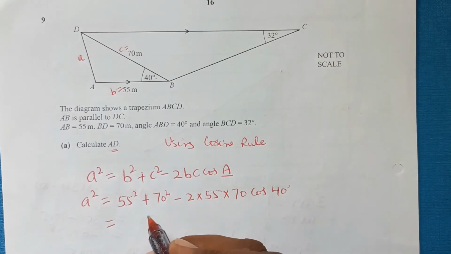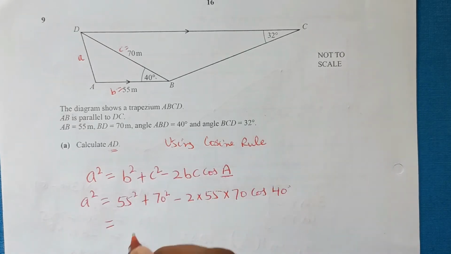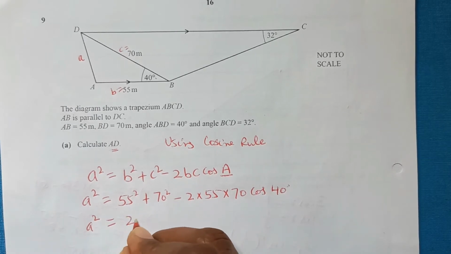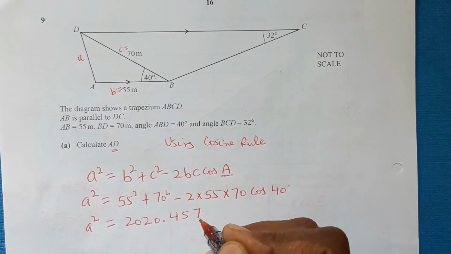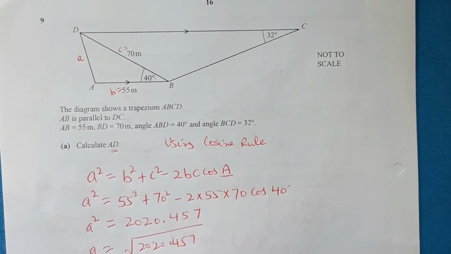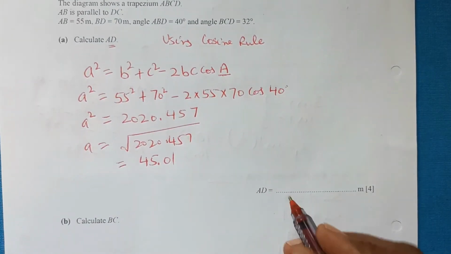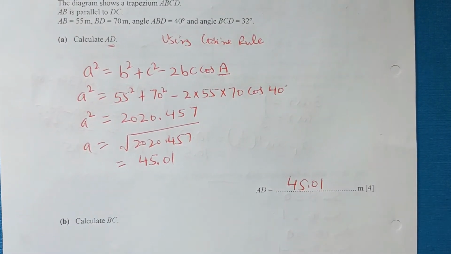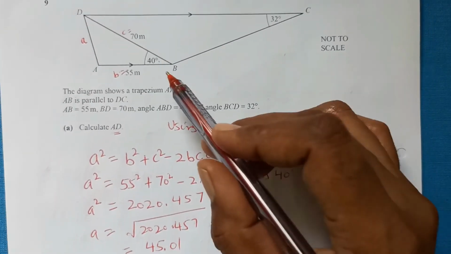I have made a mistake in calculating. Actually it's coming like A squared is 2026.457. So this is A squared, and A will be the square root of all this. This comes out to be 45.01. Now calculate BC.